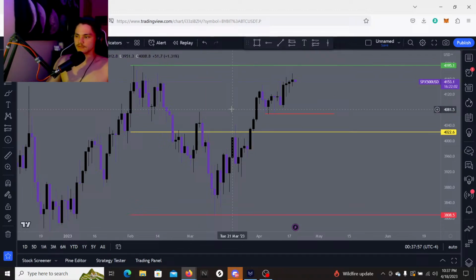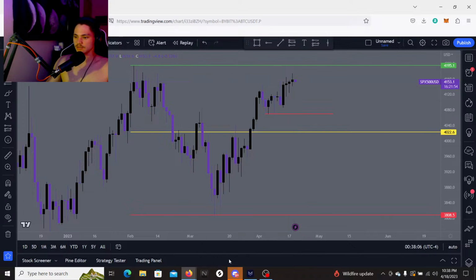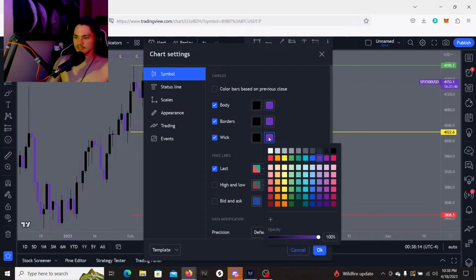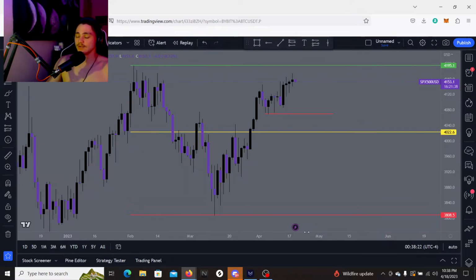And while we're at it, we have to change the chart because I cannot see the candles on this purple. The wicks have to be black. Wow, that just makes it so much better. Why were they ever purple? I do not know. This makes it 10 times easier to see.